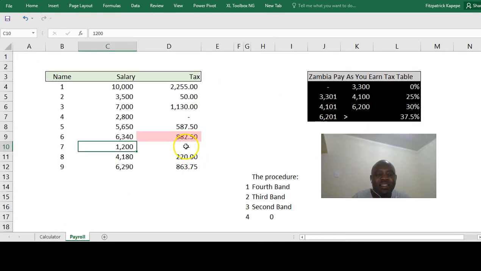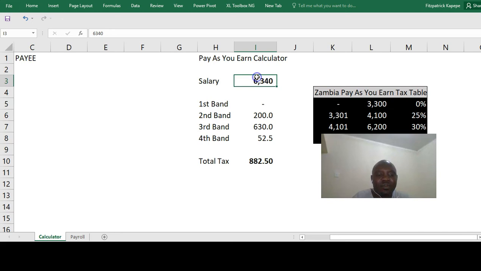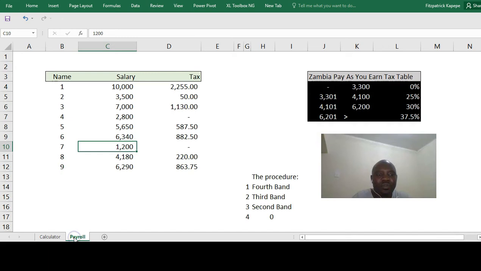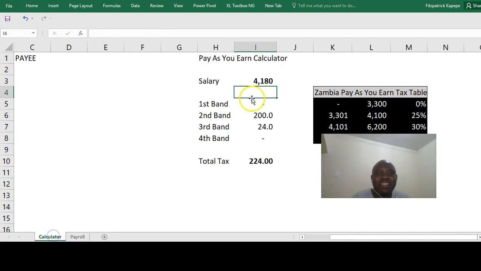Come this side, this is the amount. Suppose we go to 4,180, it is 220. If we try here, 4,180, or 224, what I've done, 4,180, 224.